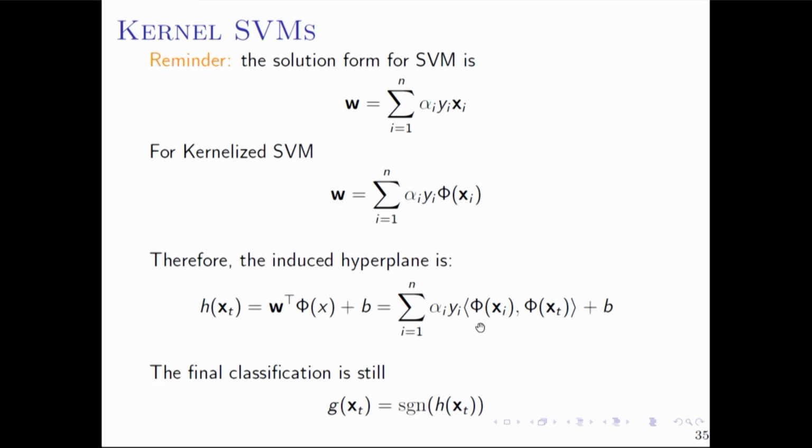Once we have these kernels, we get the value W transpose phi x plus b, which we can compute using this equation, and again the final classification depends on the sign of that functional value.